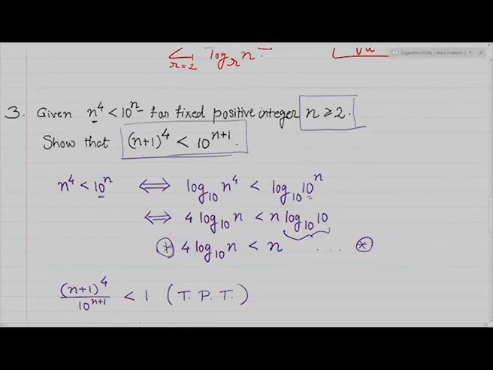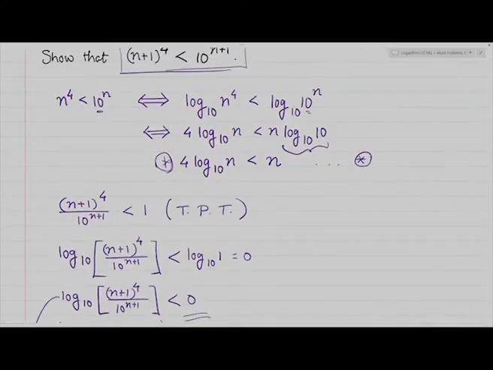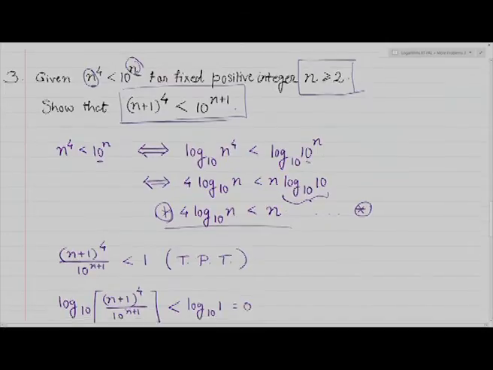Apparently this problem looked like it doesn't involve log, but because of this base and power we made log an easy tool for solving this problem. So what we did first, given such a problem, you bring all the n's in one line. Here we did n raised to 4 less than 10 raised to n, then we brought log in this form and made n at one level.